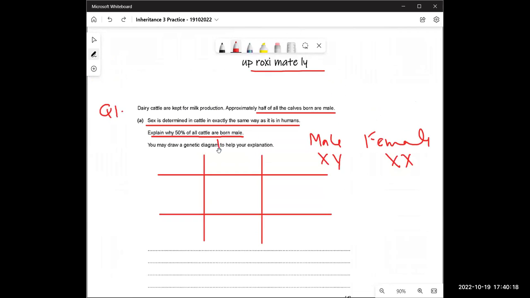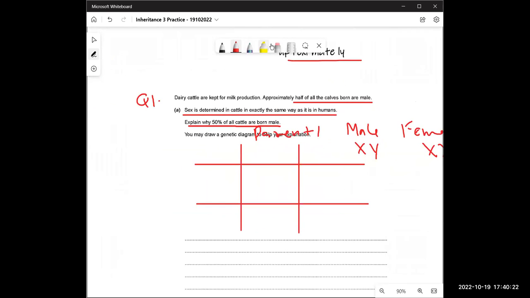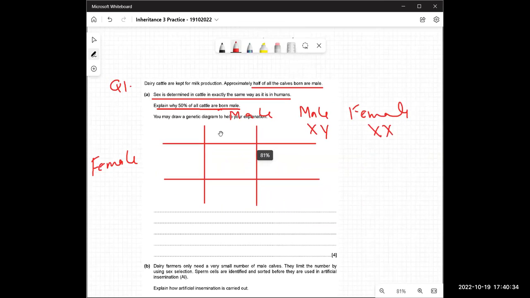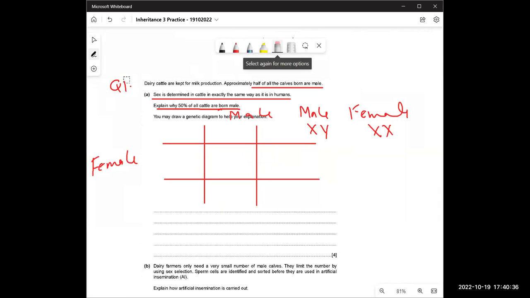Now we'll take the parents, male and female. Now tell me the chromosomes and the products. Solve this question in your notebook. Write question number 2, today's date and the class title. Start solving the question.